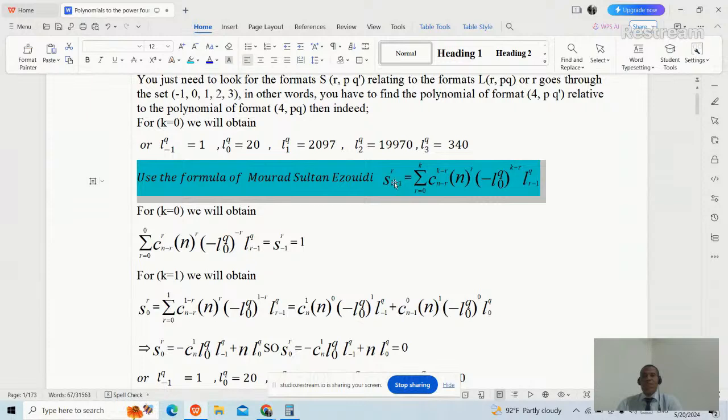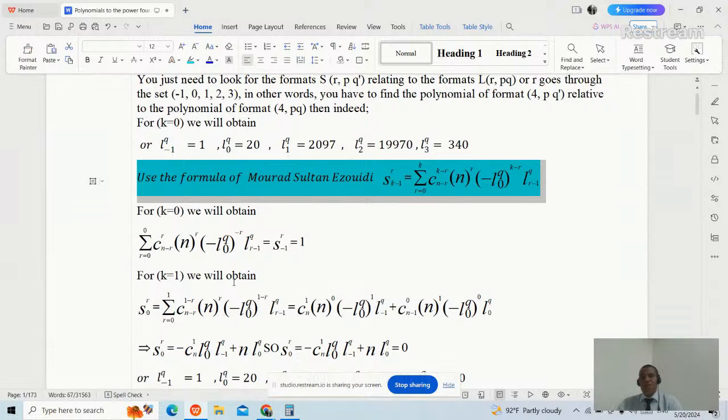So S1 minus 1 is 0. So it will be S0 of order r equals the sum over r from 0 to 1 of n minus r choose 1 minus r, n to the power r multiplied by minus L0 of order q, all raised to the power 1 minus r multiplied by L r minus 1 of order q.